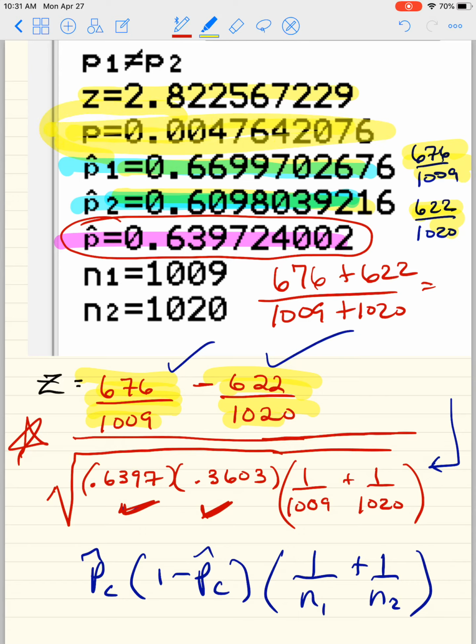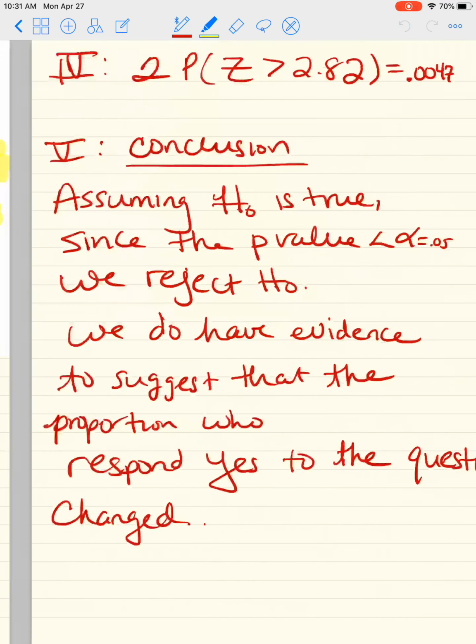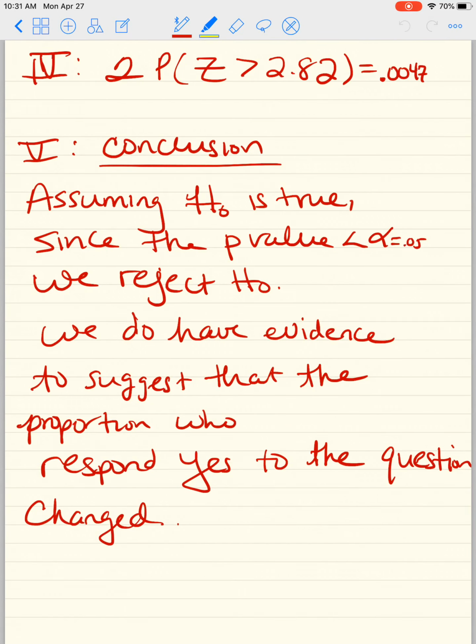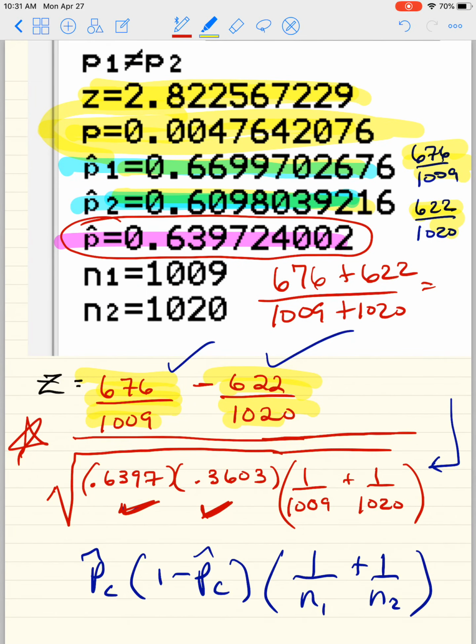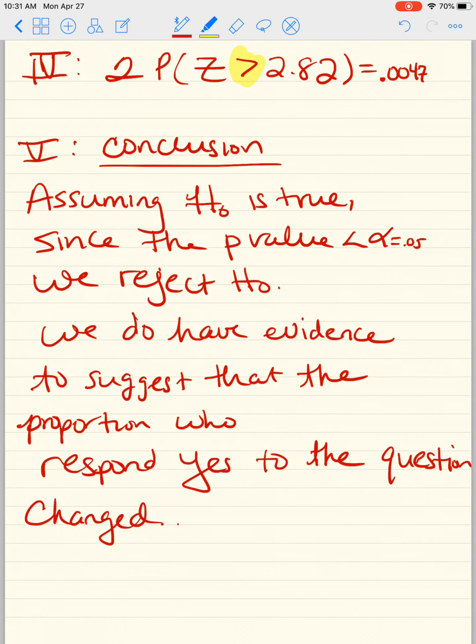All right, p-value. P-value is this guy here, right? 0.0047. So the z-score was positive, so your arrow should be pointing up. P of z greater than 2.82, 0.0047. You have to put the 2 in front of there if you want it to be correct because it's a two-sided test. This is very small.